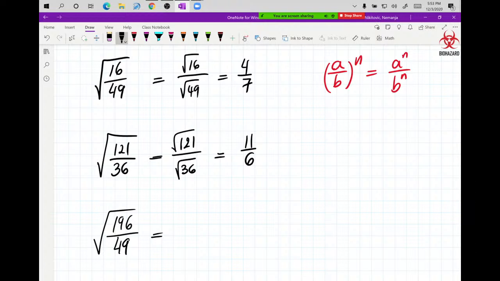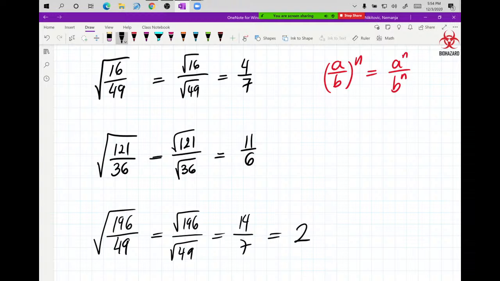Yeah, 14 over 7. So square root of 196 divided by square root of 49 is 14 over 7, which is equal to 2 over 1, or 2. Excellent. Now this means that I should be able to divide 49 into 196 and get 4.